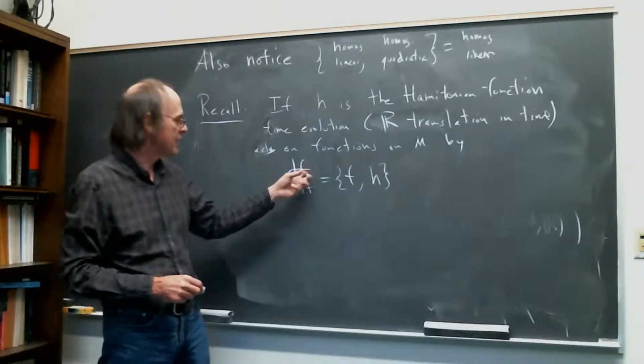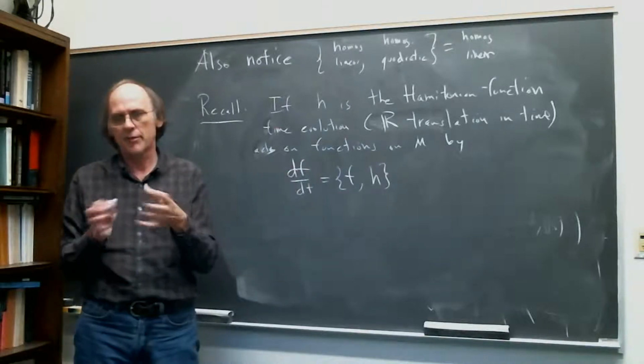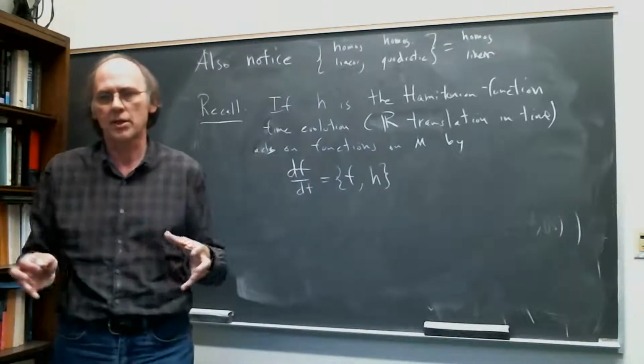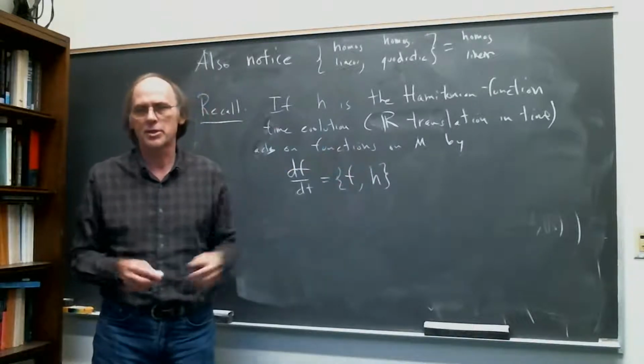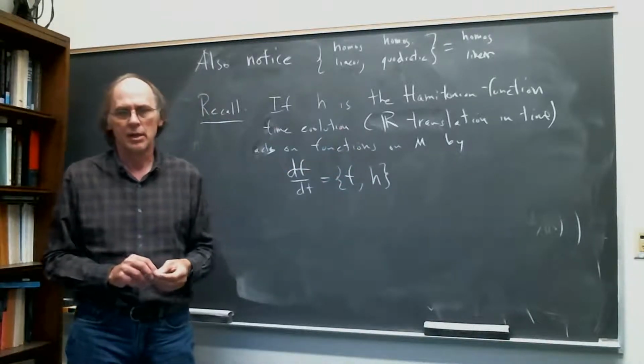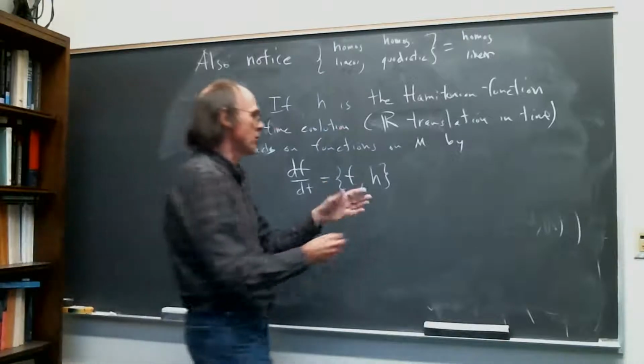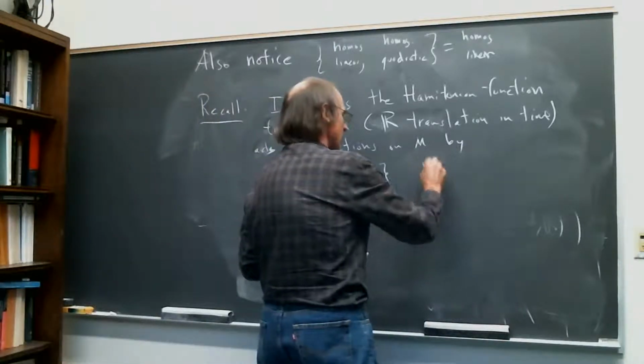And if you write these equations down for the generators, for f is p and f is q, then you just get the standard version of Hamilton's equations that I wrote down earlier. So this is really just the general version. This is just Hamilton's equation.